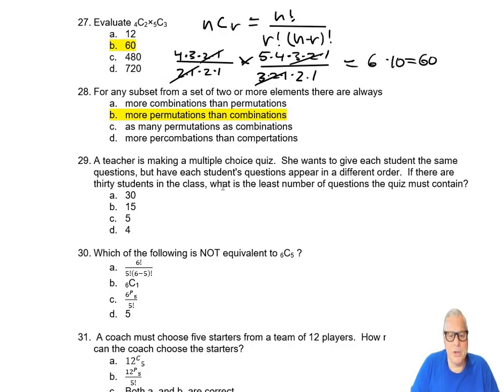If there are 30 students in the class, what is the least number of questions the quiz must contain? Let's ask ourselves first, is this concerned with permutations or combinations? It's permutations, because the order matters.